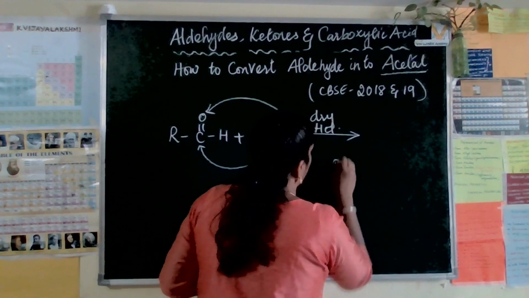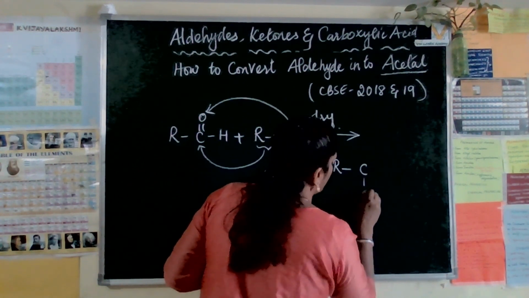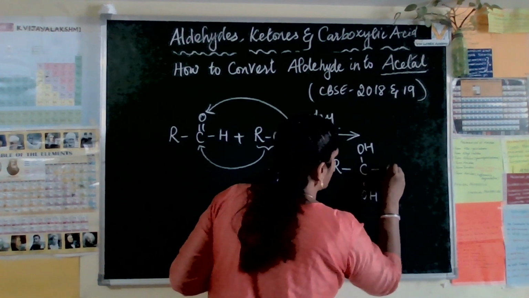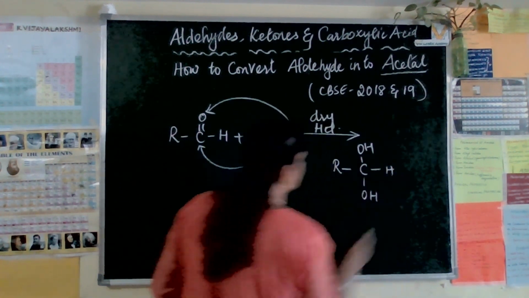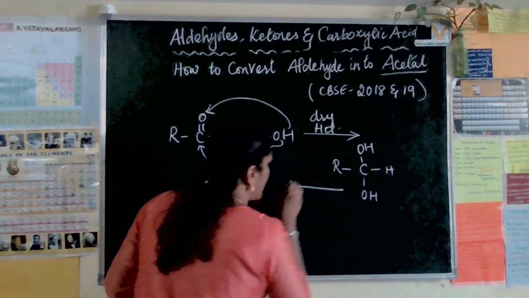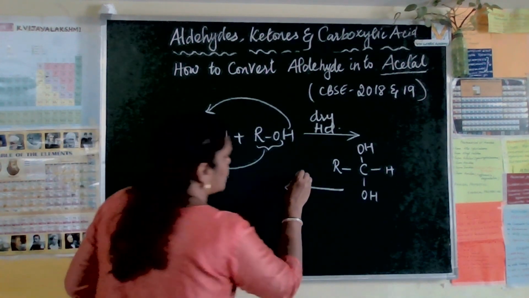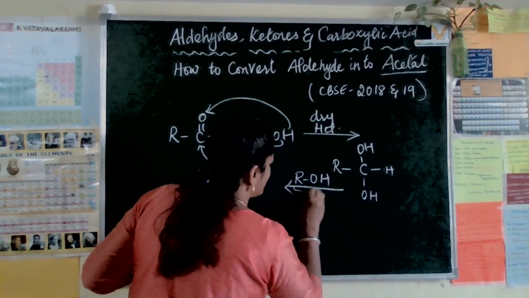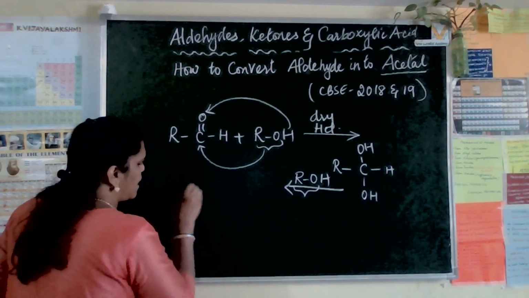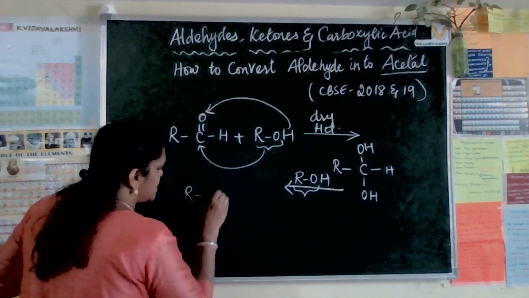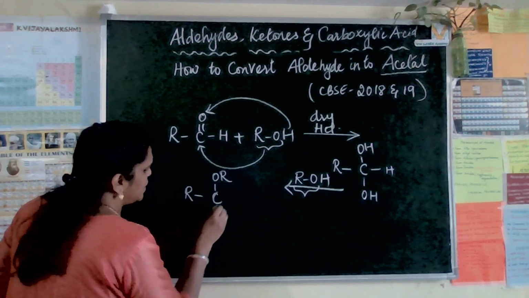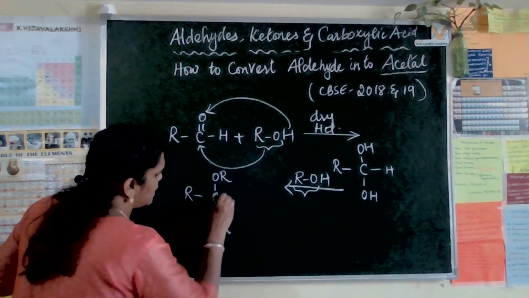So that means R, C, here OR, here OH, and here hydrogen. Now again, 1 mole of alcohol: the same way, which is going to attach here. R, C, here OR, and here OR and then H.